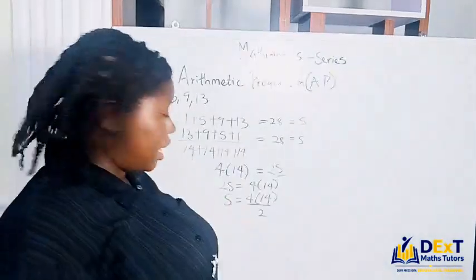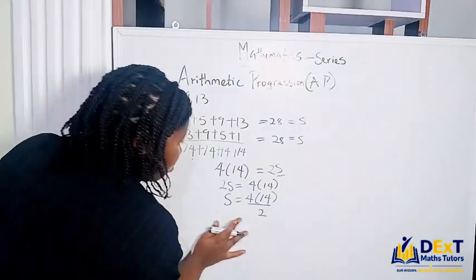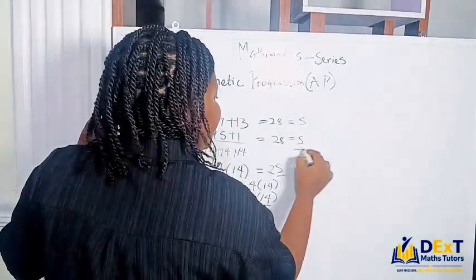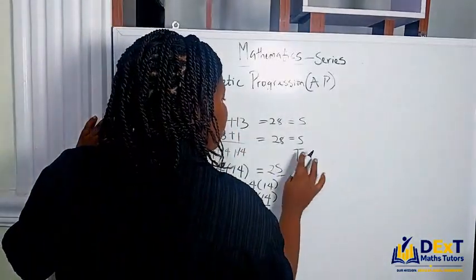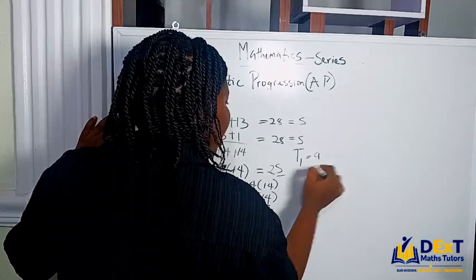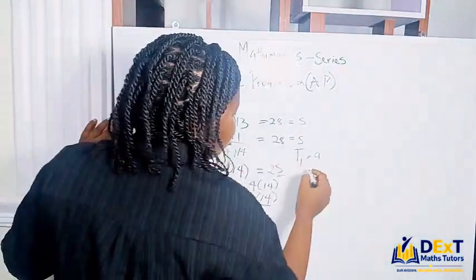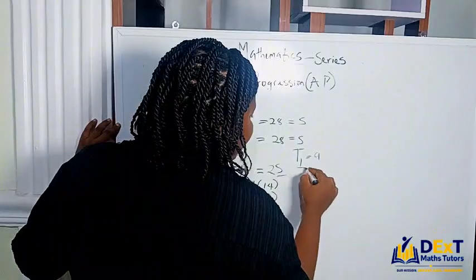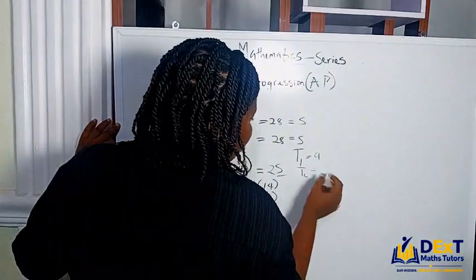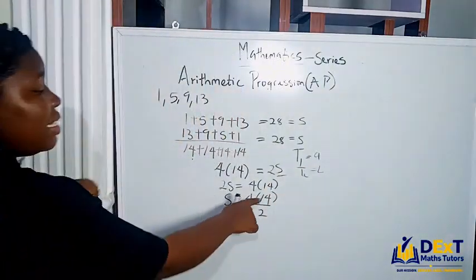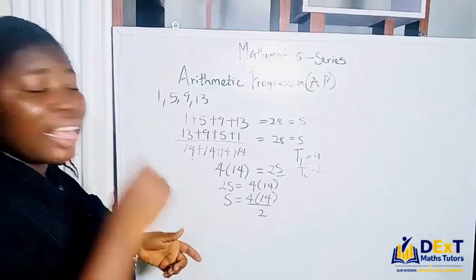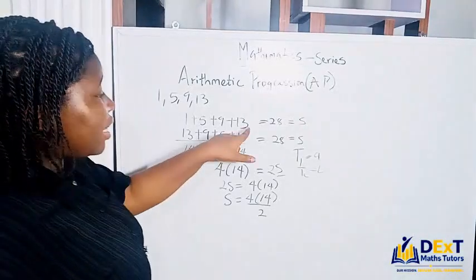So if that is the case, if our first term, T1, equals A, and we let our last term, TL, equal L, then I'm saying 14 is A plus L. 1 plus 13, 13 plus 1.